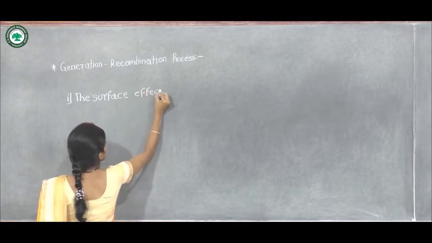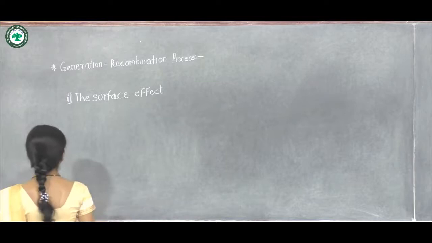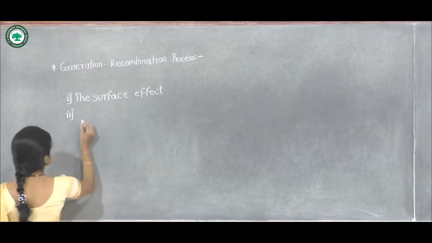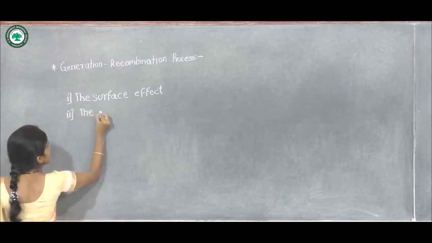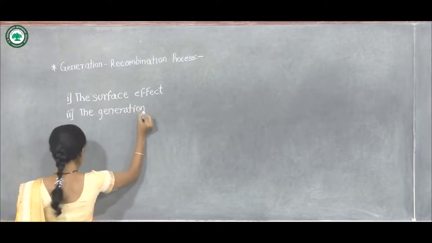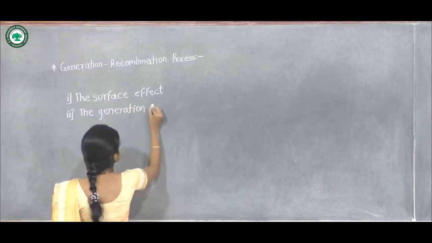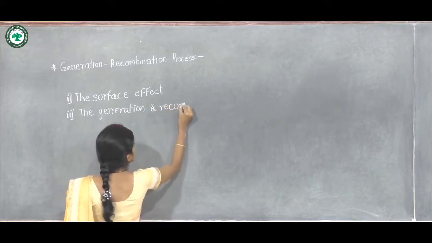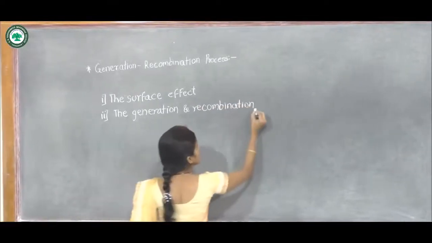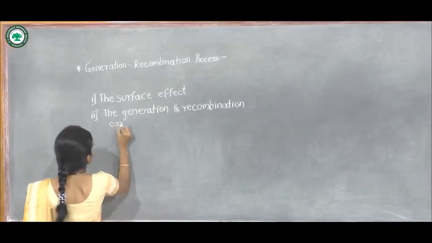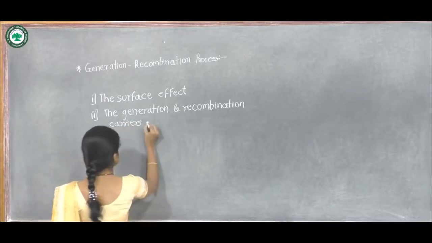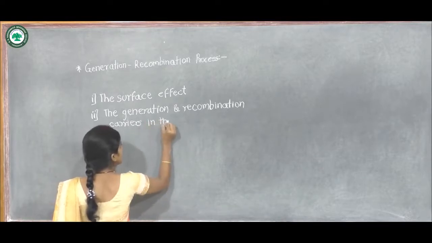The next reason for this departure of current voltage characteristics is the generation and recombination of carriers in the depletion region.